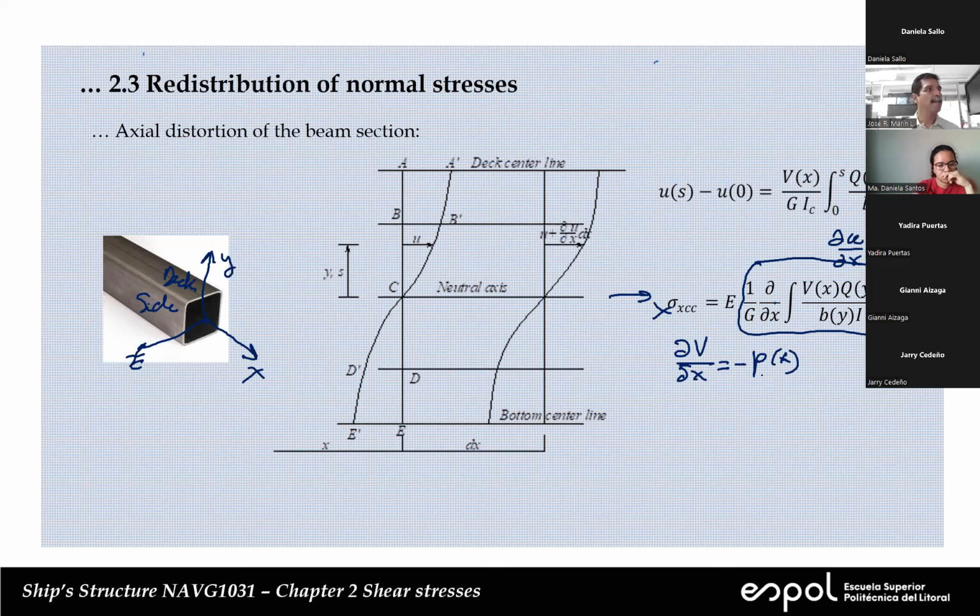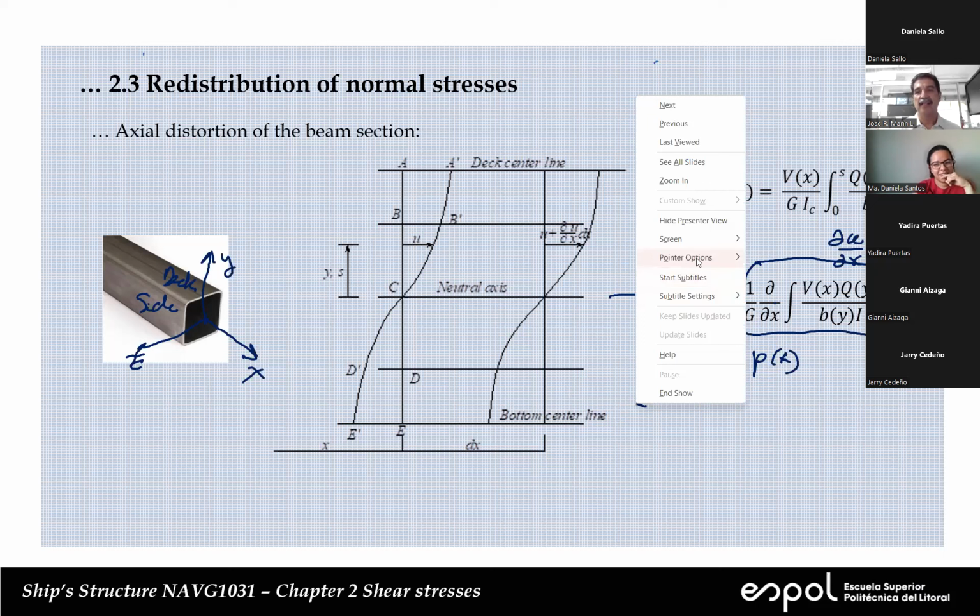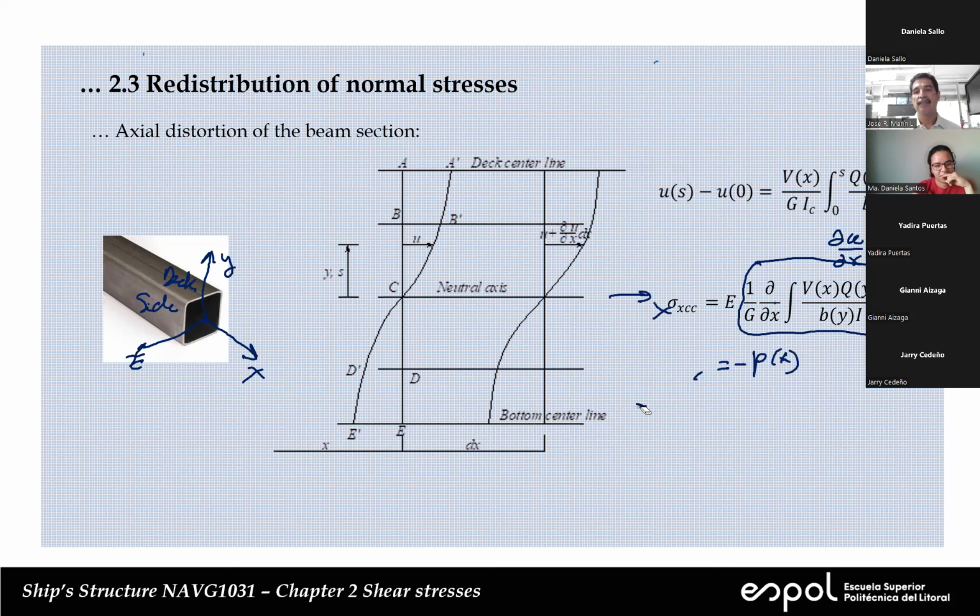Do you remember? The keyword in this class is that everything has to be in equilibrium. That comes from the vertical equilibrium of forces.